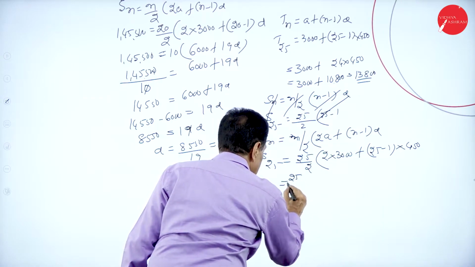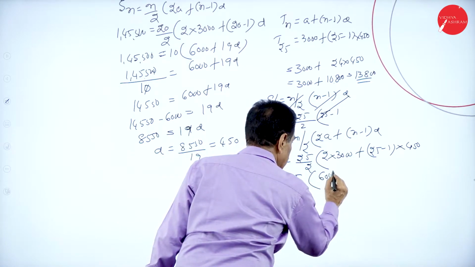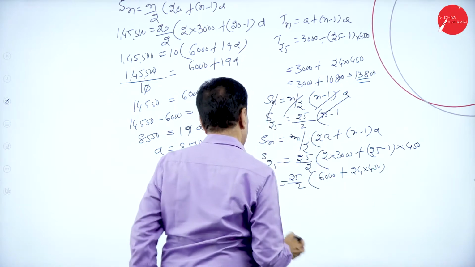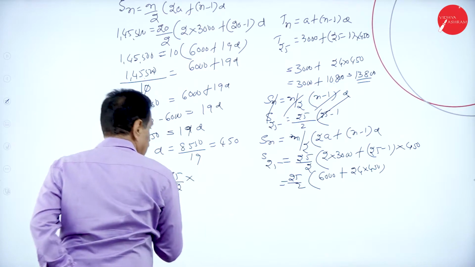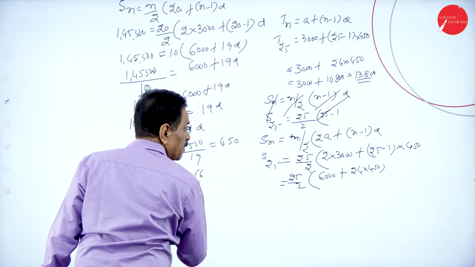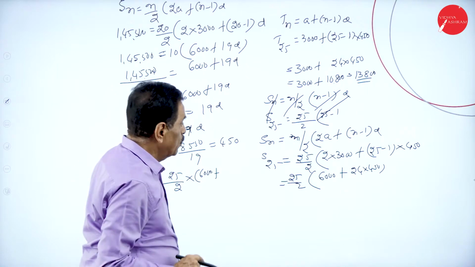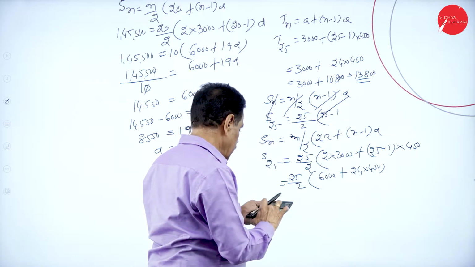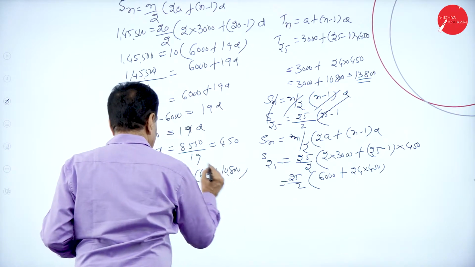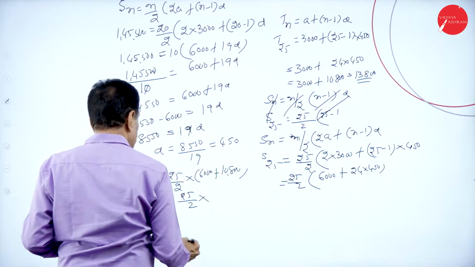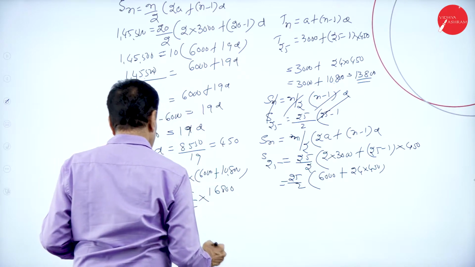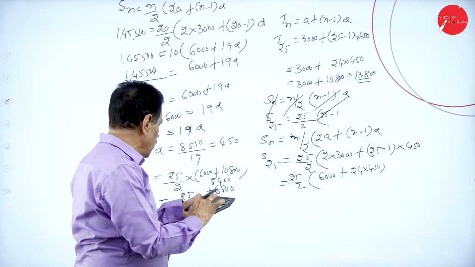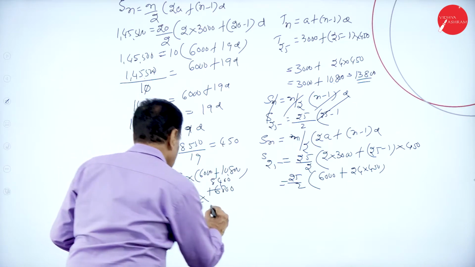This is 25 divided by 2 into 6000 plus 24 into 450. 450 into 24 is 10,800. So 25 divided by 2 into 16,800. 2 8s are 16, so 25 into 8,400, which is 2,10,000.